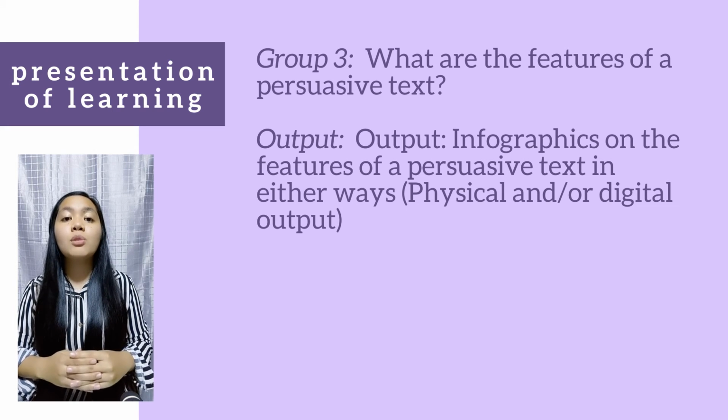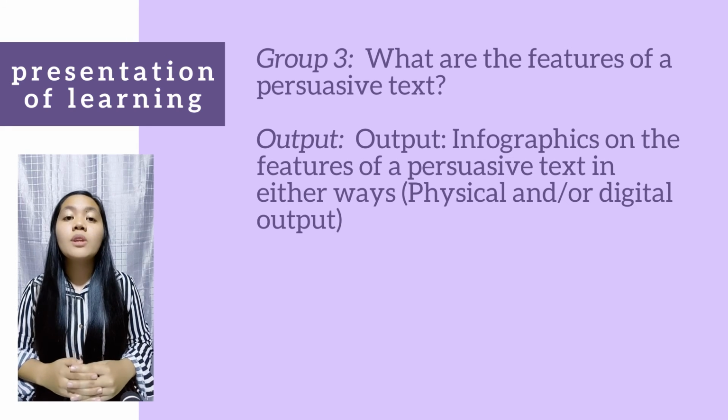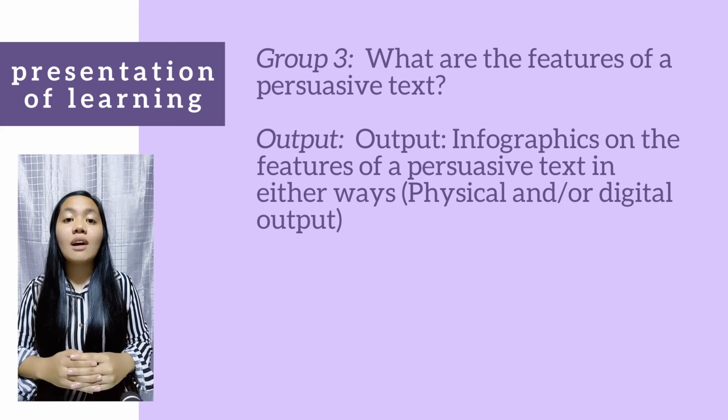You may opt to produce a physical output like a pamphlet or a digital output to be shared in any of the social media available. So, your output is an infographics on the features of a persuasive text in either ways, in physical or digital output.